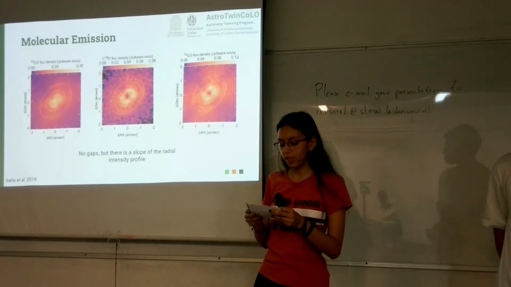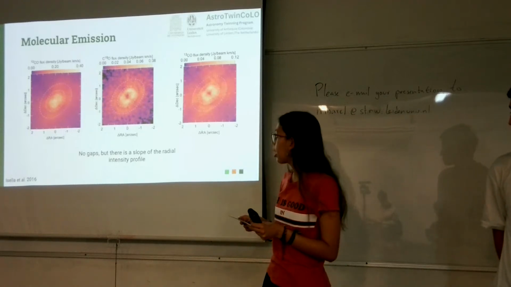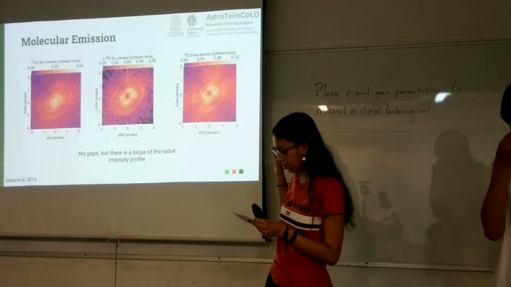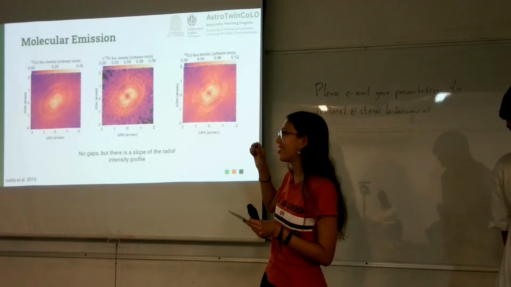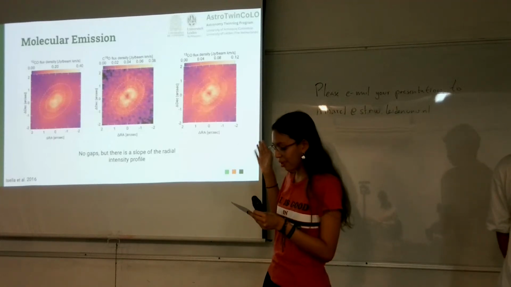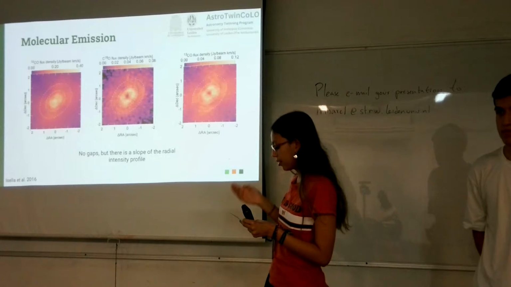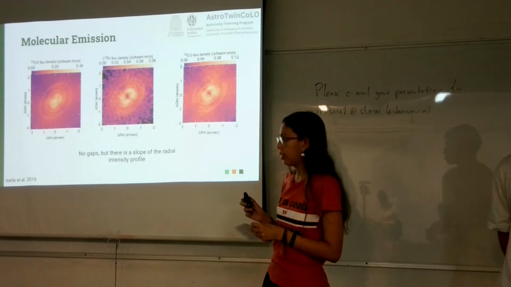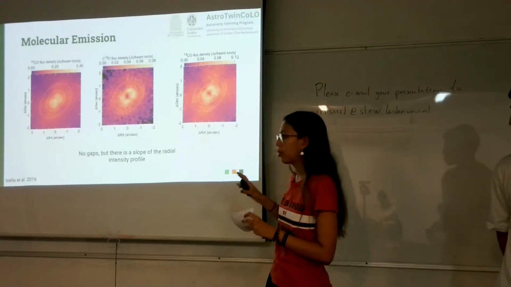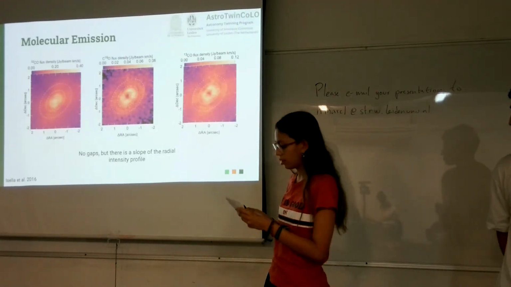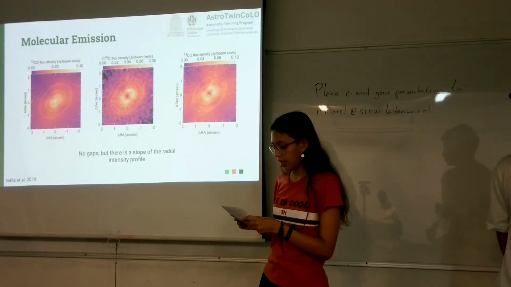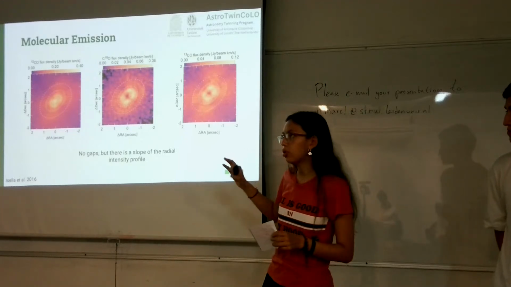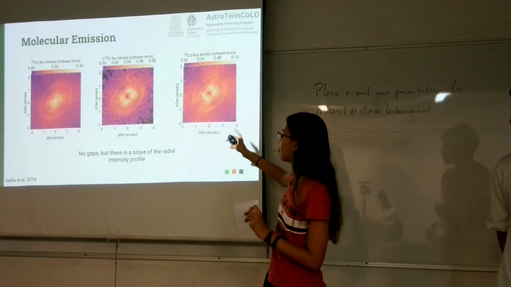And the third problem is that the molecular emission decreases with the orbital radius slower than the continuum. So all of these problems result in the article, and it is also like the first approach to know what is going on here.